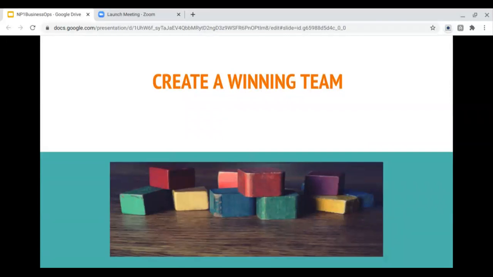Another thing with your entrepreneurial mindset is your team. So many of us realize in taking the journey of becoming an entrepreneur that everybody can't be on your team. It's a thing that people say. Some people say it and don't believe it, and then some people say it and then realize it's true. But either way, you want to create a winning team. And what that looks like to me is individuals who are of like mind.